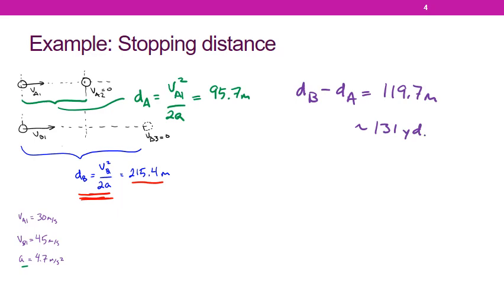So you can see that, of course, there is quite a big difference in traveling at 45 meters per second, which is about 100 miles per hour, versus 30 meters per second, which is about 70 miles per hour. But it emphasizes how easy it is to get our answer, and we got that quite quickly with very little fuss by considering energy and using the work energy theorem rather than trying to go through kinematic equations.